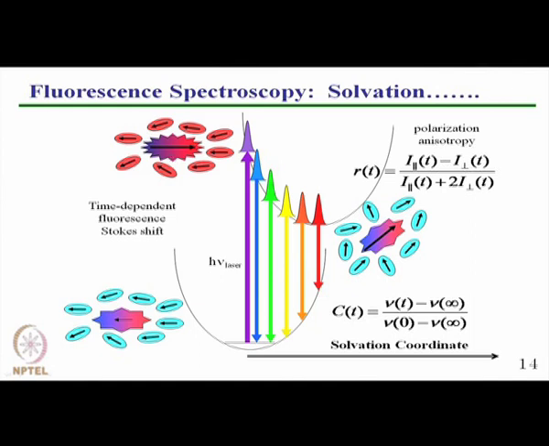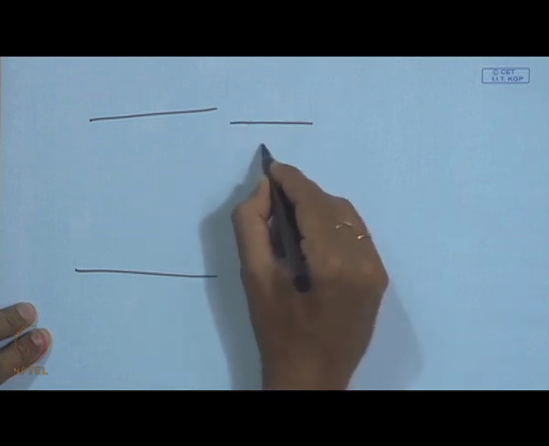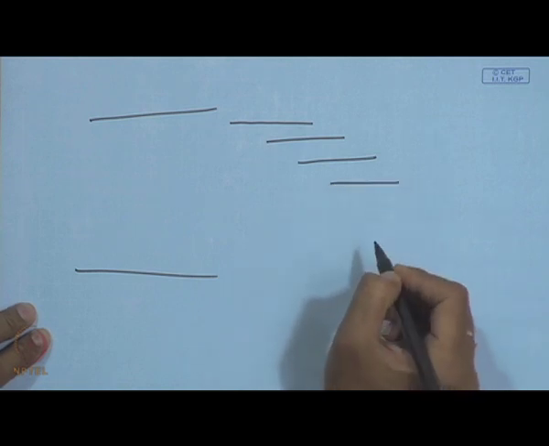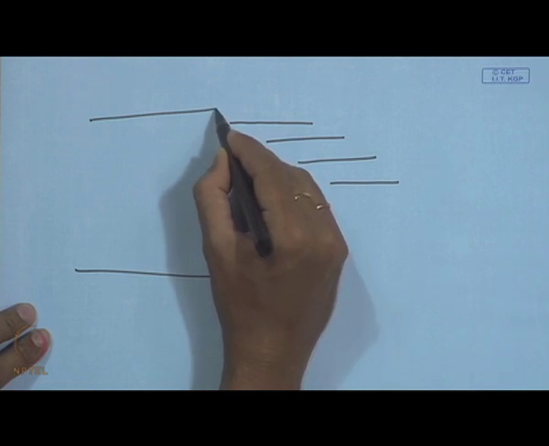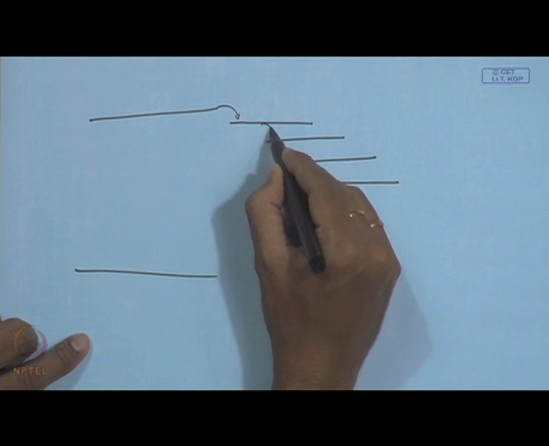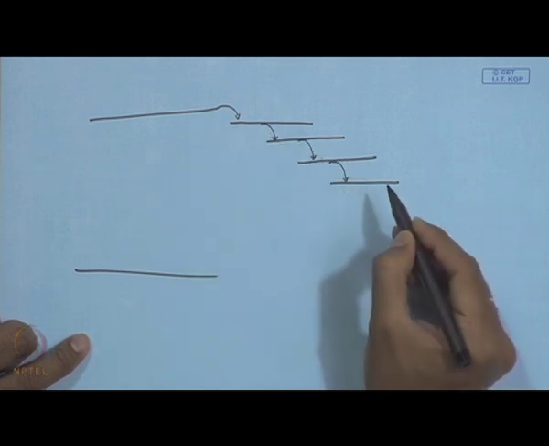So what is happening is that you shine with radiation, you generate this state, and then gradually you have these levels. So with time this level is stabilized. From here to here means a little change in solvation state, another solvated state, another solvated state.